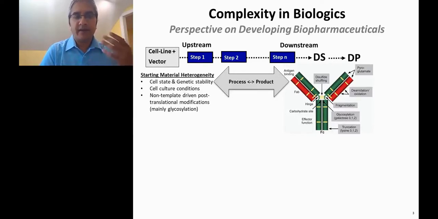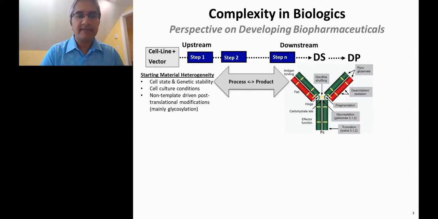So clearly, a lot of parameters, from the starting material heterogeneity in terms of the cell state, the genetic stability, culture conditions, the upstream and downstream process steps influence some of the key product attributes, and definitely establishing these relationships between the starting material process to product is a very important aspect of biopharmaceutical development.